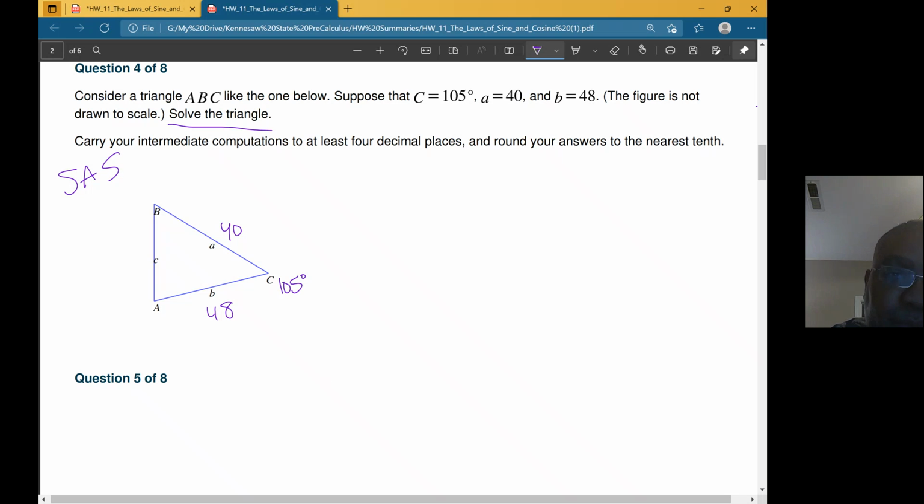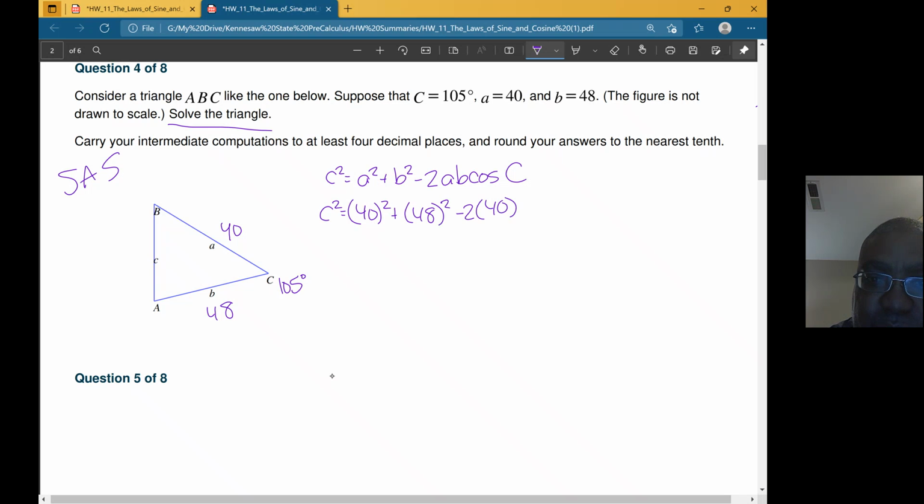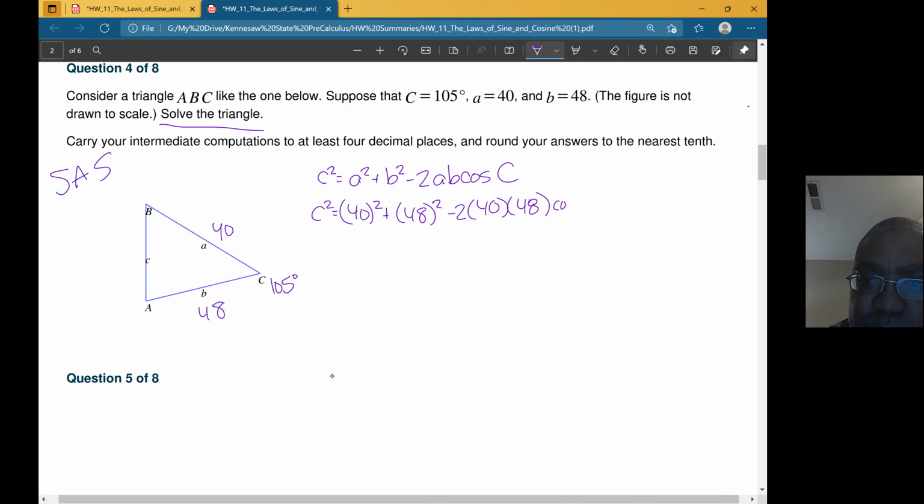Okay, so C squared is equal to A squared plus B squared minus 2AB cosine of C. So C squared is equal to 40 squared plus 48 squared minus 2 times 40 times 48 cosine of 105 degrees.